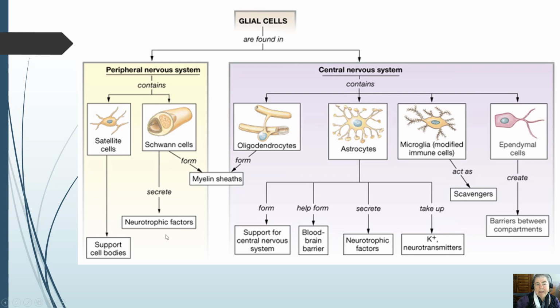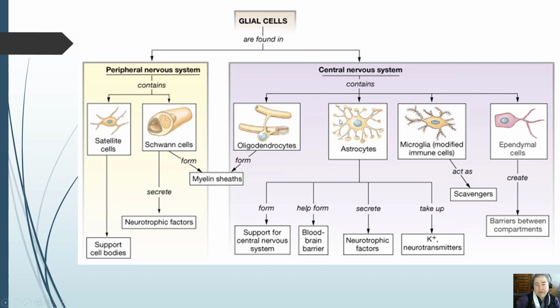It used to be true, but we've learned more. It's hard, but there are important growth factors that are made by some glial cells, particularly by Schwann cells and astrocytes. Again, in the central nervous system, the oligodendrocytes make the myelin sheath.